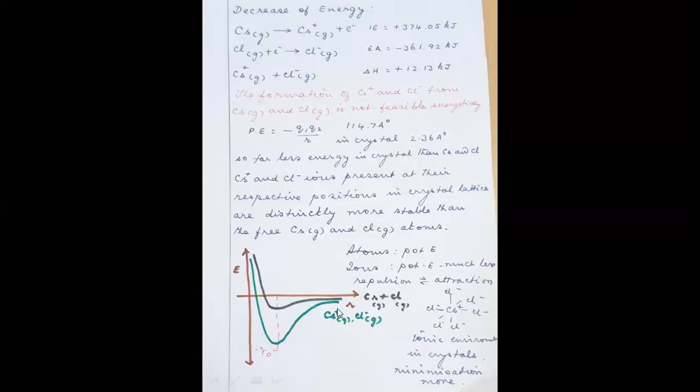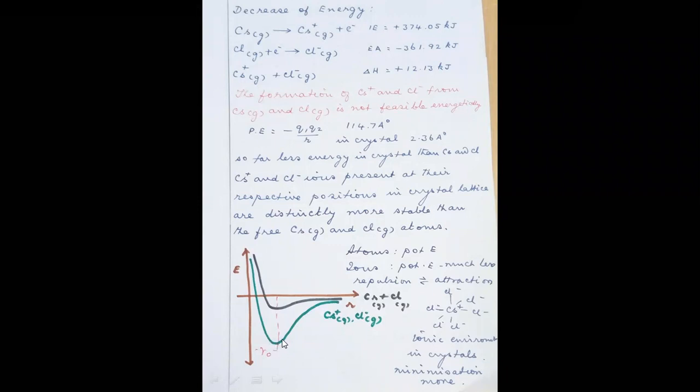But if you take a cesium plus ion and a Cl minus ion, the trend is the same, but the potential energy becomes the least. That is, the potential energy of the ionic system and the potential energy of the atomic system have a vast difference. So when the ions are brought closer, potential energy goes on decreasing, but at a faster rate, and reaches the minimum.